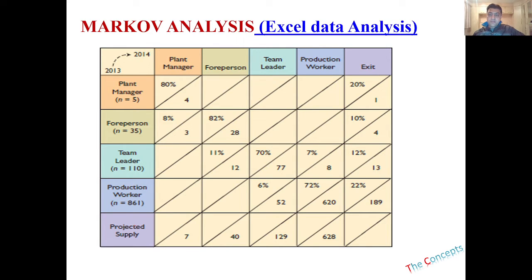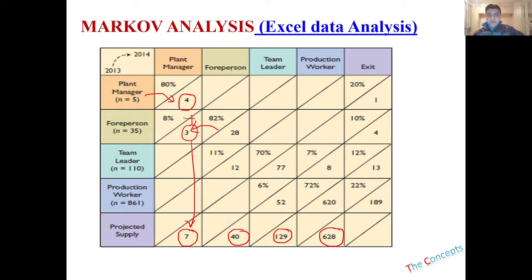Now, projected supply is going to be this one. At the plant manager level, 4 plant managers will be coming from the previous people and 3 will be promoted by this time. So total 4 plus 3 will lead to 7.